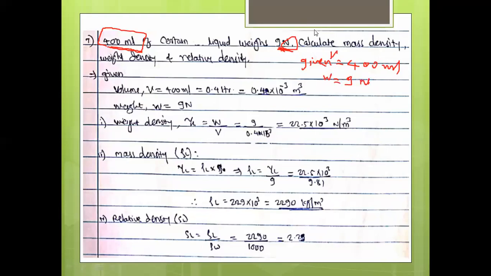Who will tell the procedure to solve this problem? Anyone can unmute and tell all of us how we should proceed to solve this problem. Volume is equal to how much? 400 ml.